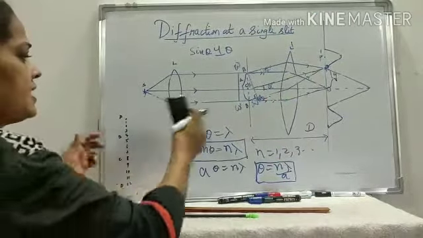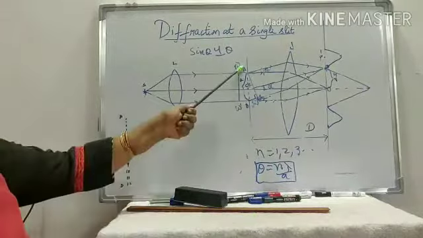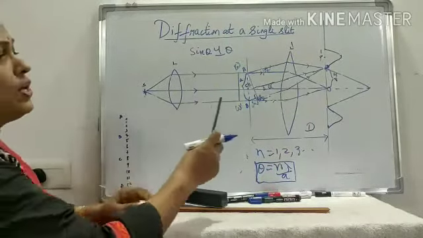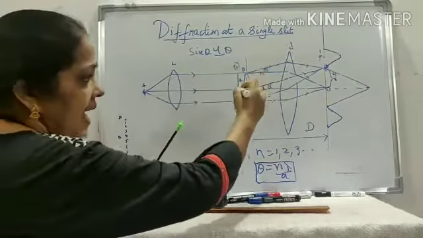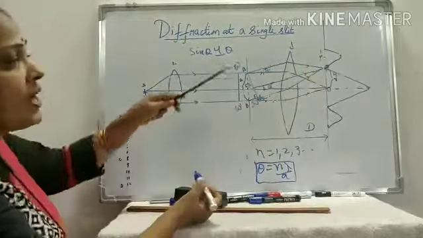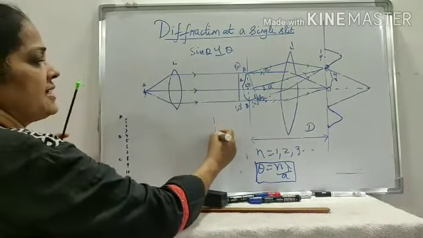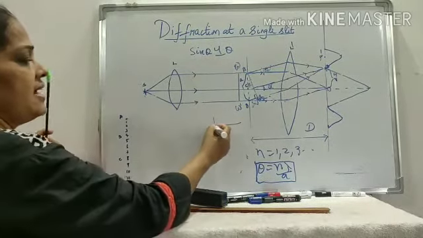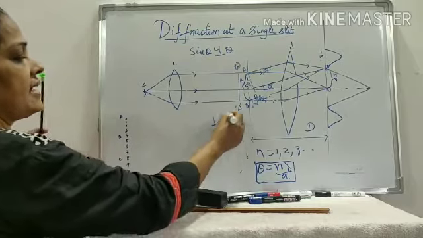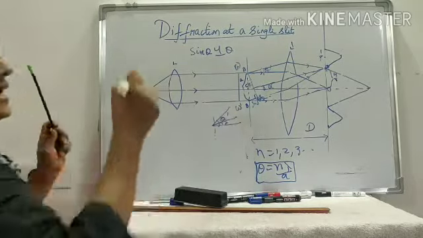Then how do you find out the condition? For this, again look at this figure. When you consider another angle, if you want to consider the maxima, we have to increase the angle of diffraction. First we saw that the wavelets travel straight, then they are diffracted at an angle theta. Now they are diffracted at an angle theta dash.